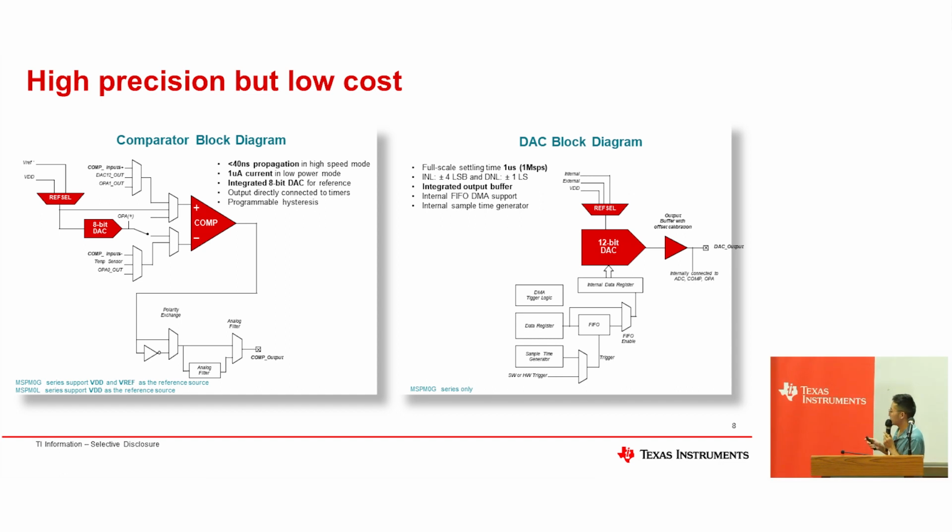The last one is the DAC. Our DAC is 12-bit. Overall, I want to highlight that you can connect the different analog peripherals internally just by coding in the device.